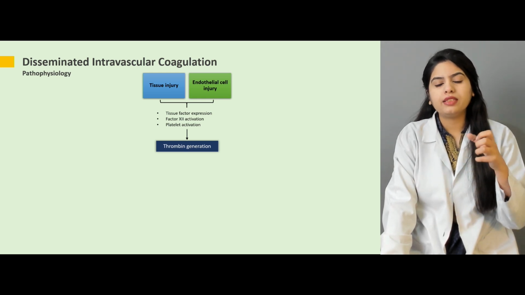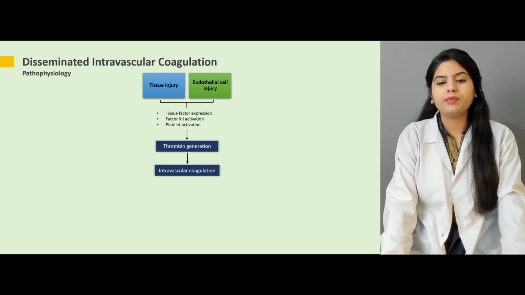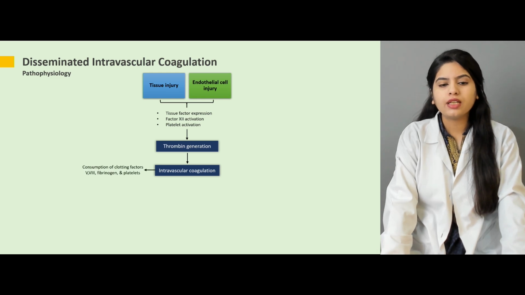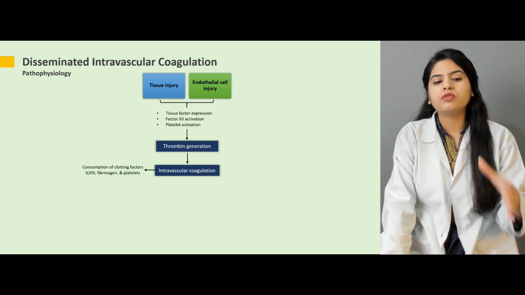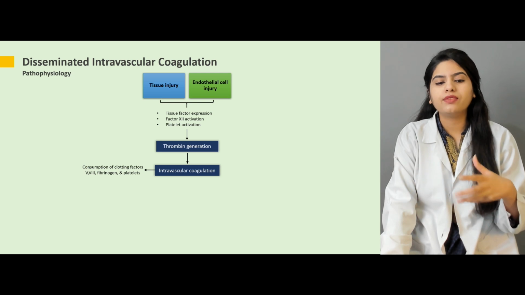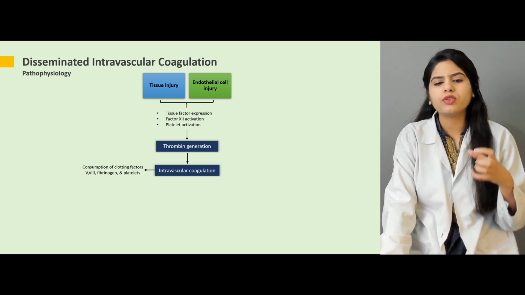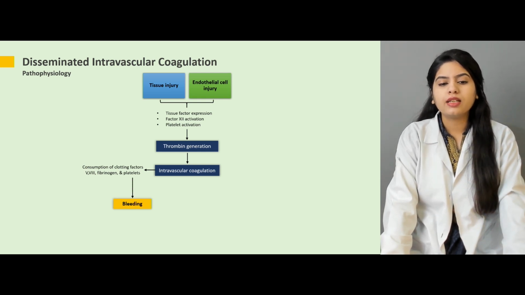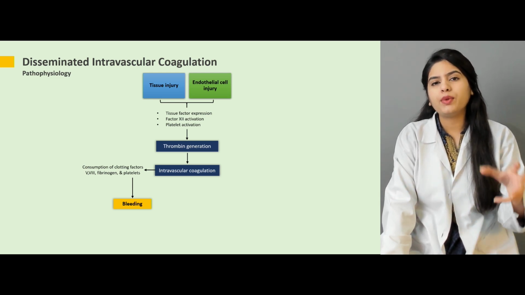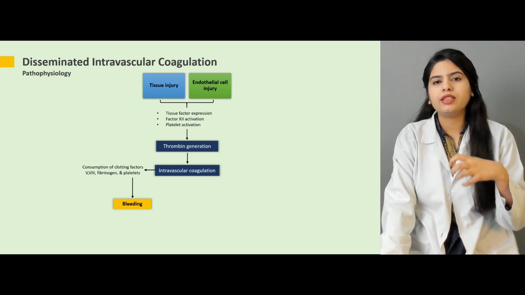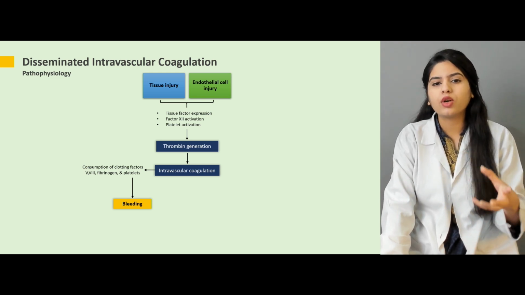So thrombin will be formed, and there will be intravascular coagulation in which there will be consumption of clotting factors 5, 8, fibrinogen, and platelets. All of these are involved in the formation of the blood clot. Whenever these factors are activated, they will stop the bleeding. A blood clot will be formed.